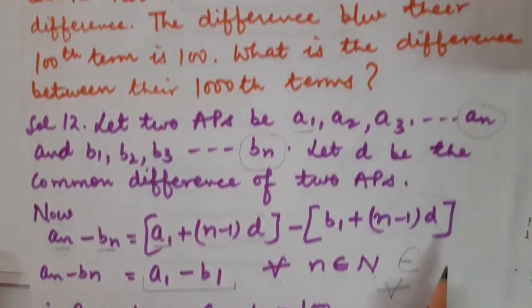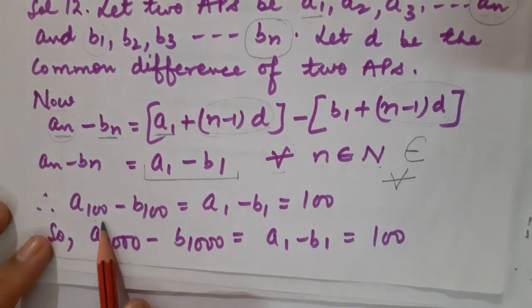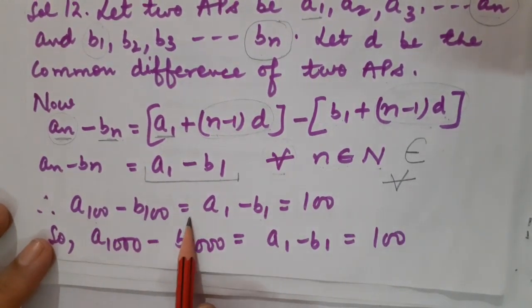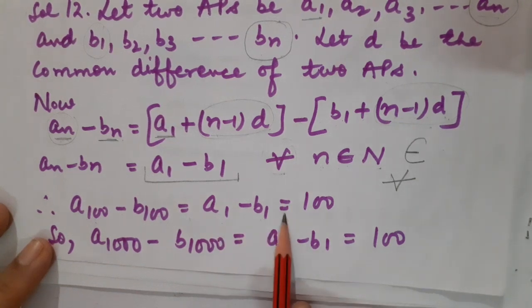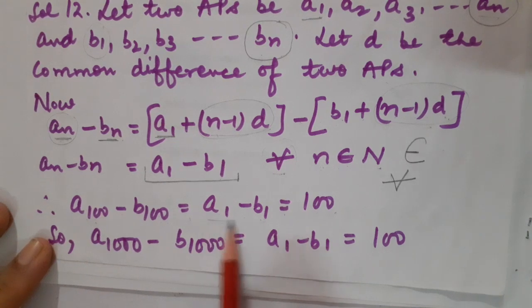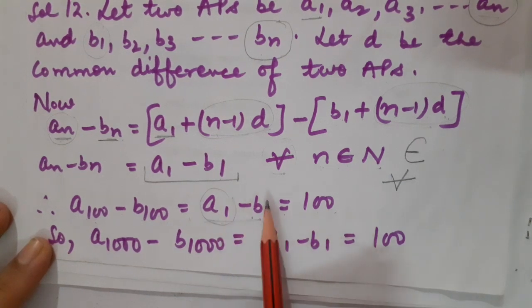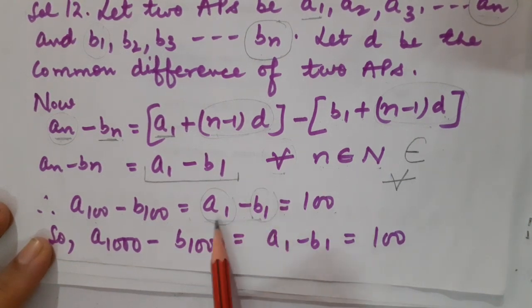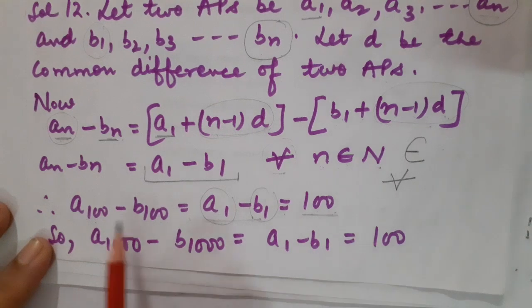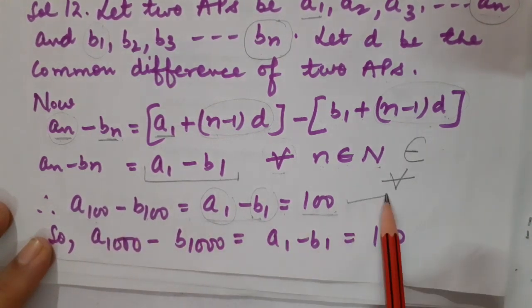That has been given in the question, children. This is 100 given. So can I write A100 minus B100 which is equal to A1 minus B1 which is equal to 100. Correct? So through this you have come to know that the difference between the very first term of both the APs, because this is first term of first AP, this is first term of second AP, is also 100. And the difference between the 100th term of both the APs is also 100.